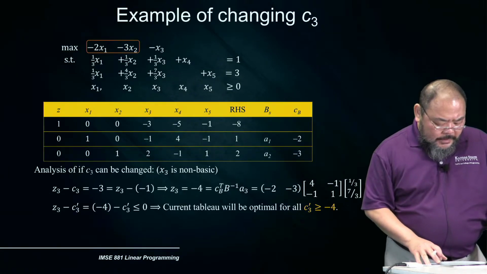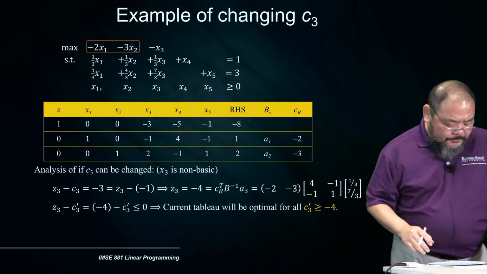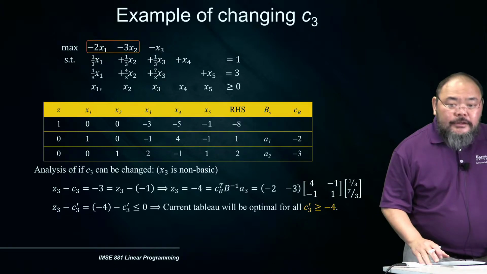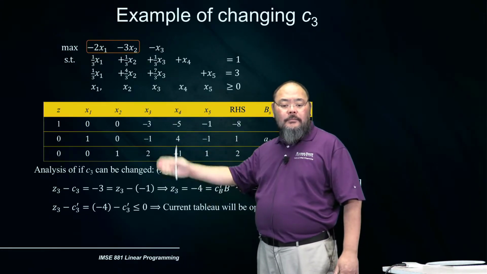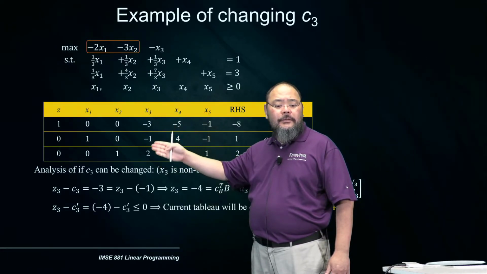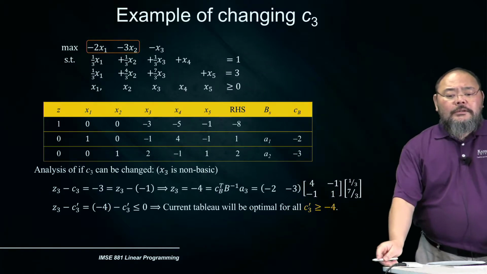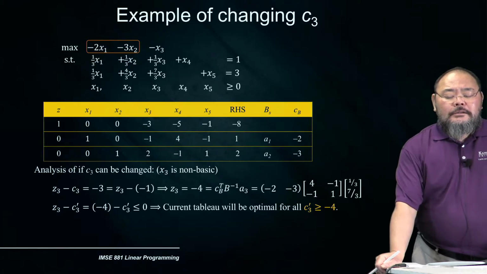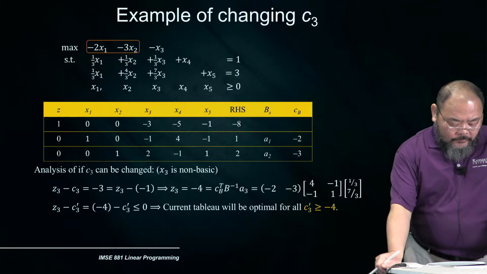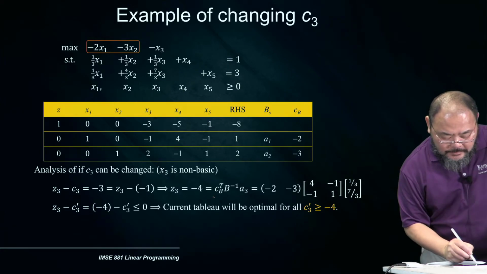We can see how this changes if C3 changes. Currently x3 is a non-basic column. Z3 minus C3 originally equals negative 3, so Z3 equals negative 4, which is CB transpose times B inverse times A3 originally.